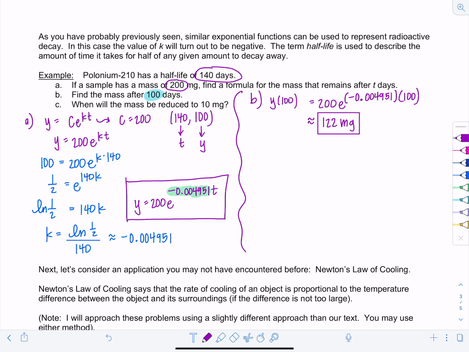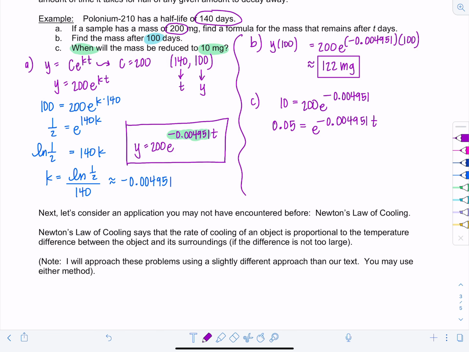Okay, last part C asks, when will the mass be reduced to 10 milligrams? Okay, so they want to know when y will equal 10. So I'm going to set this all equal to 10 equals 200 times e to the negative 0.004951 times t. Dividing both sides by 200, I have 0.05 equals e to the negative 0.004951t.